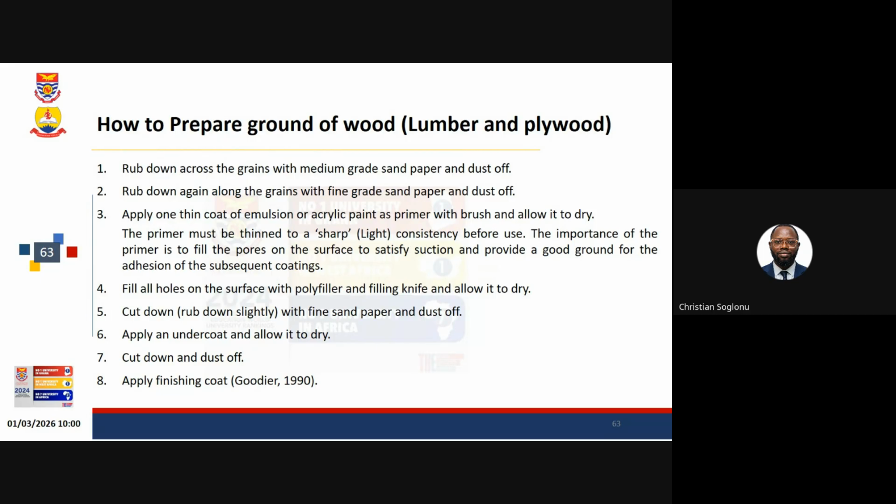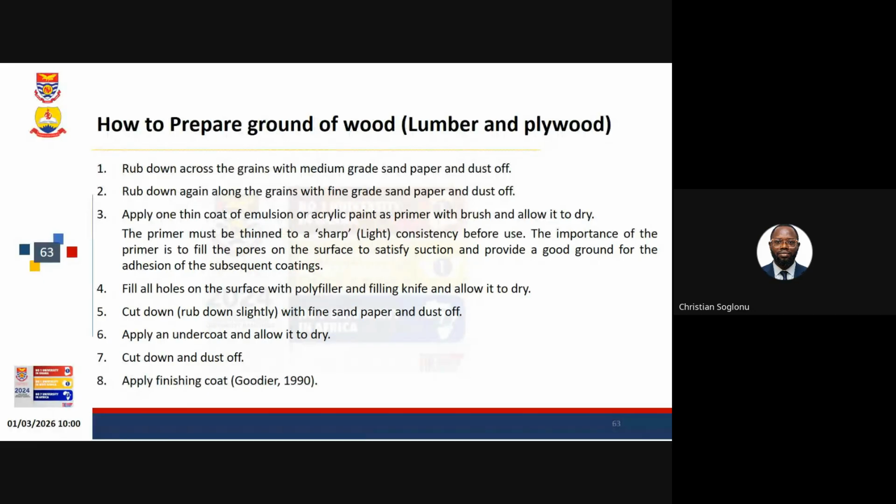The importance of the primer is to fill the pores on the surface to control suction and provide a good ground for the adhesion of the substrate coating.